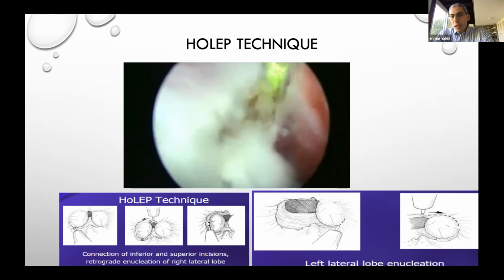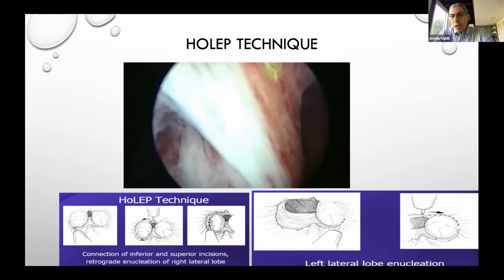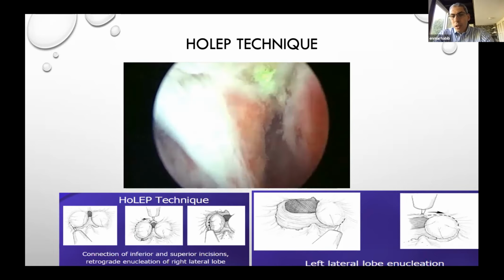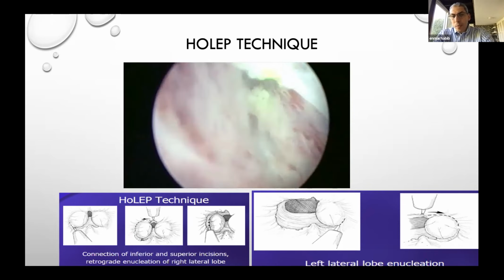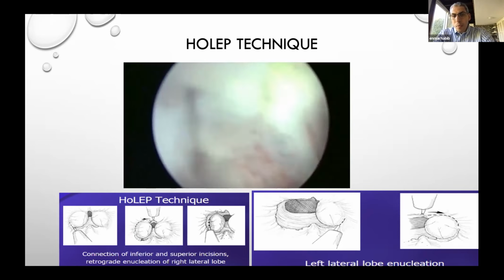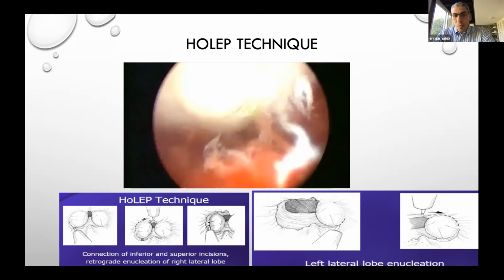This is the mucus strip attaching the adenoma to the sphincter. So at this point, I use the lower energy of 1 and 20 to separate this strip. The sphincter is protected by the sheath of the resectoscope, and we are pointing the laser fiber towards the adenoma, so there is no energy delivered to the sphincter.